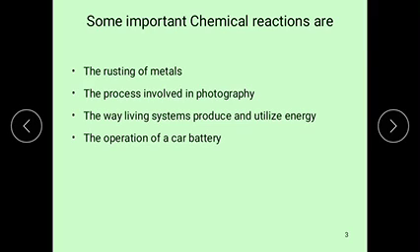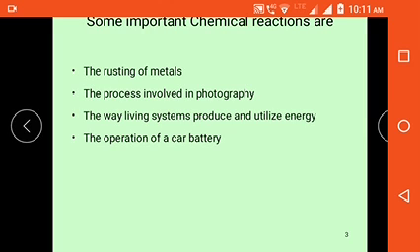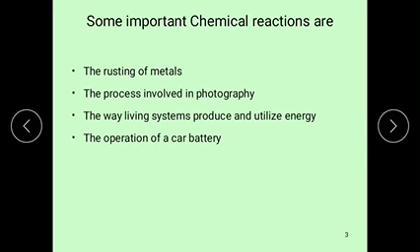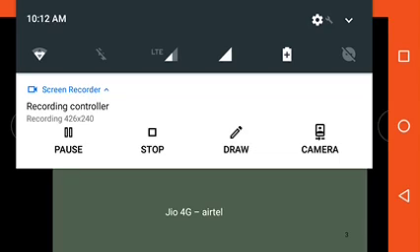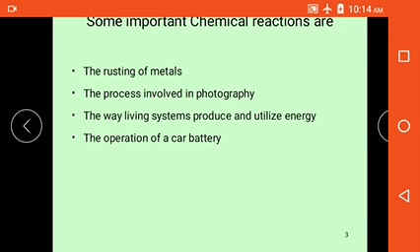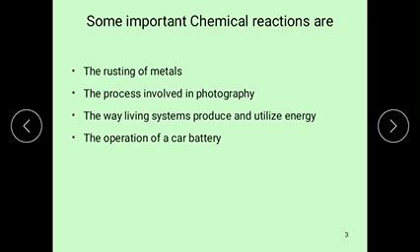The way living systems produce and utilize energy also involves oxidation. The operation of a car battery involves it as well.